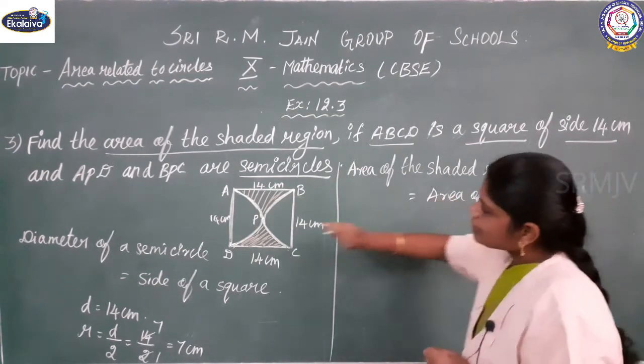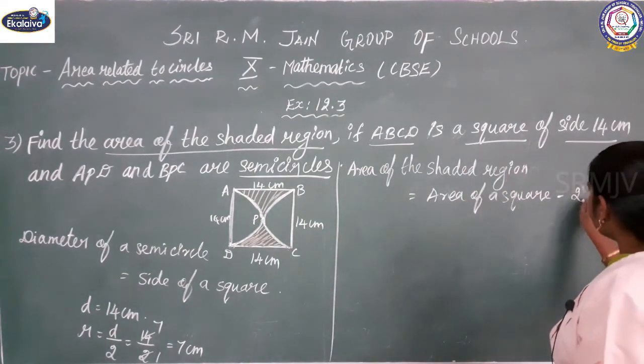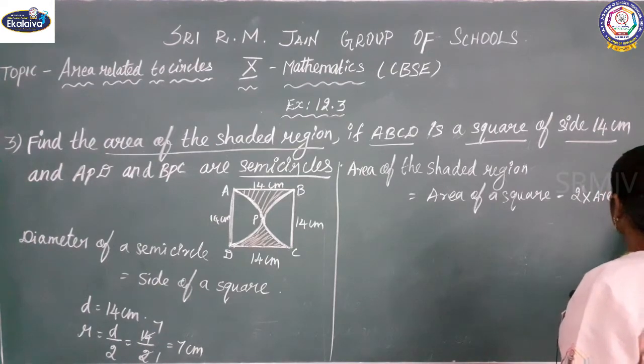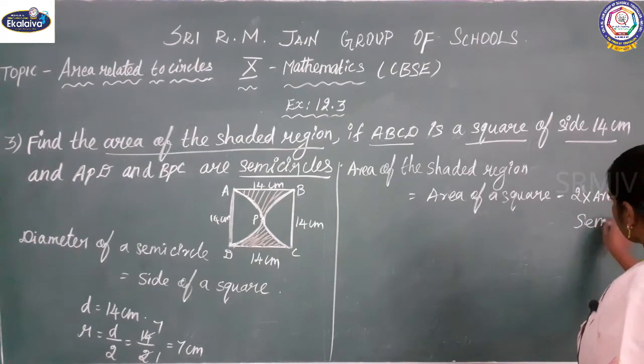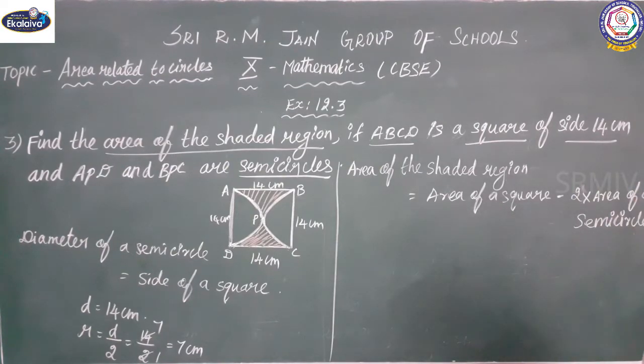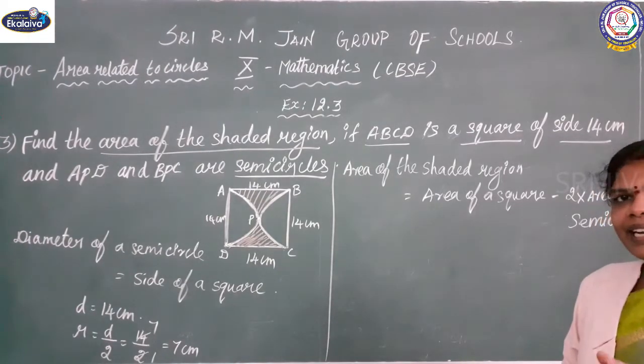here how many semicircles are there? 2 semicircles are there. So 2 into area of a semicircle. Okay, first write the formula. Area of a square, what is the formula, children? Side into side.